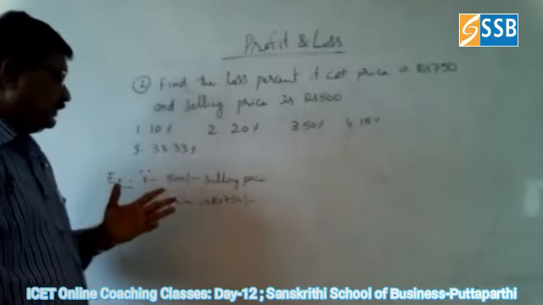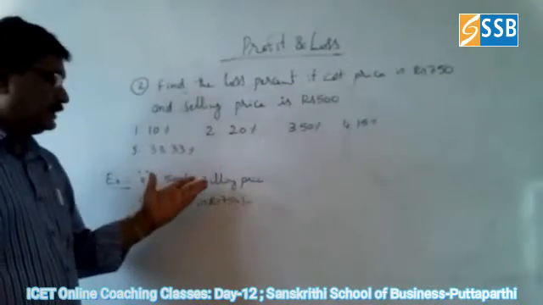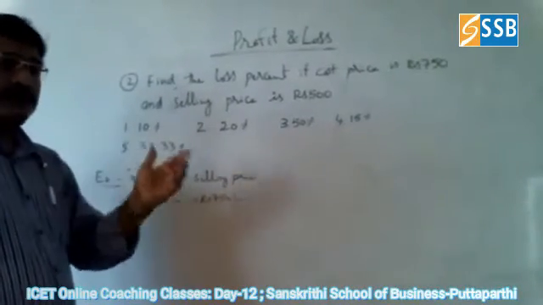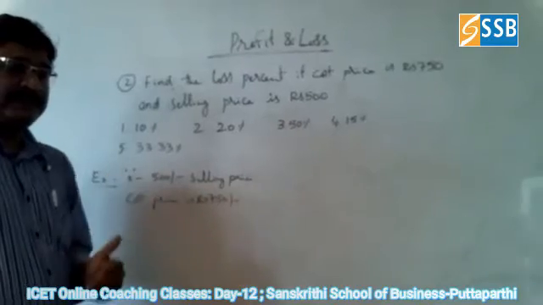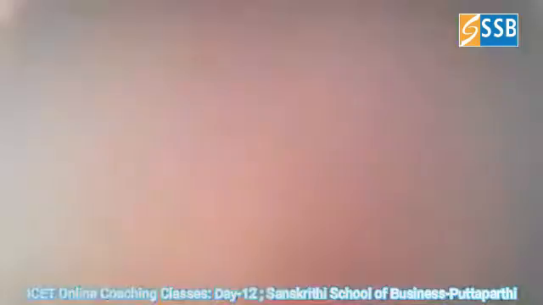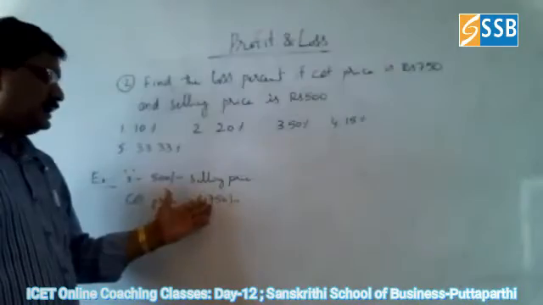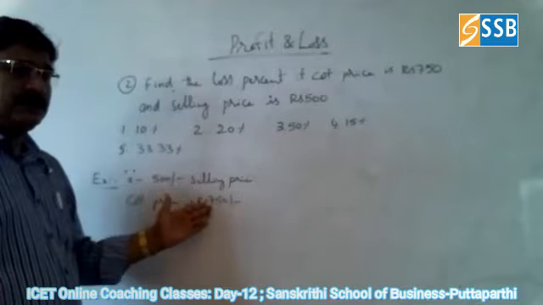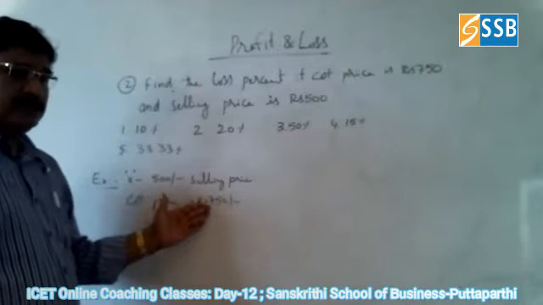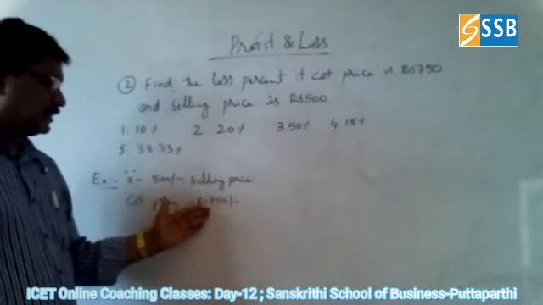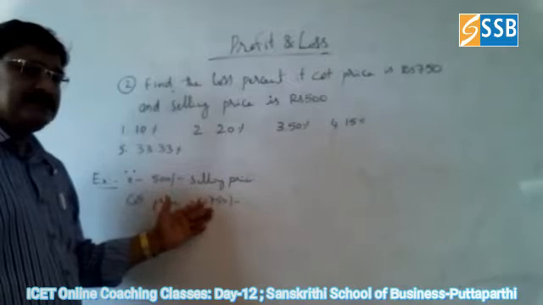For example, I'm the seller of air conditioners. I purchased an air condition for nearly 75,000, one Japanese product. But suddenly the season is off.